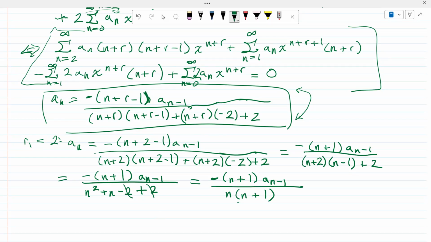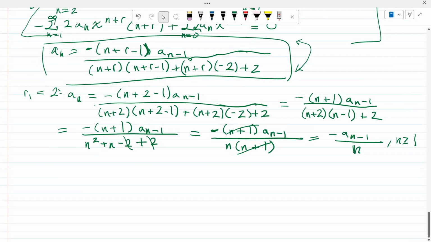Then these cancel out, and we just nicely get negative an minus 1 divided by n. This expression is going to work for all n greater than or equal to 1.